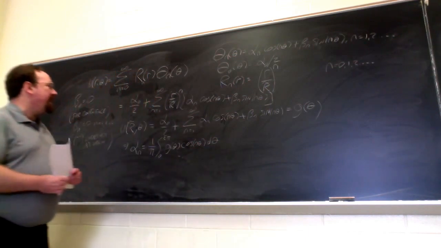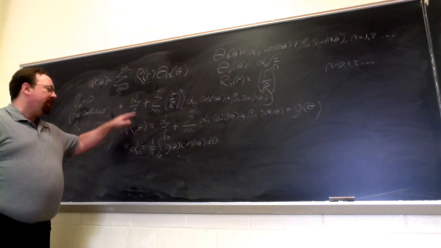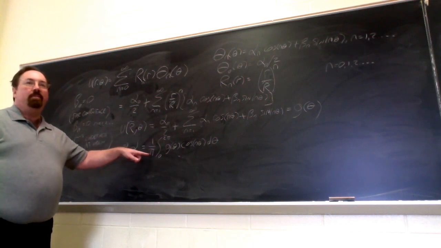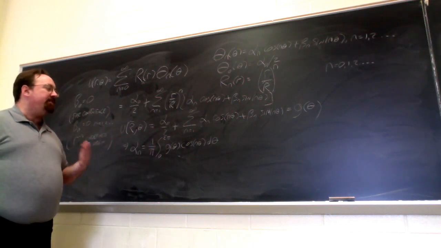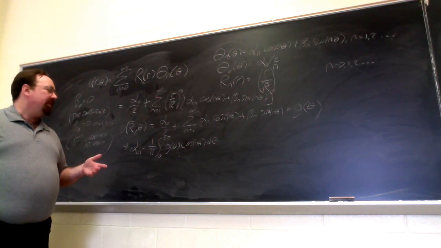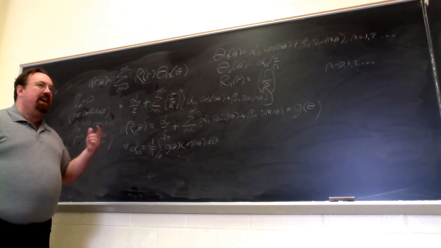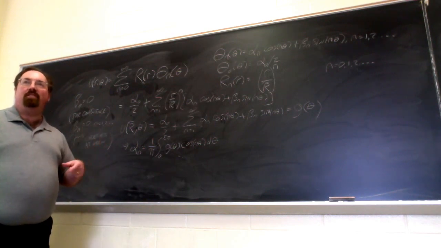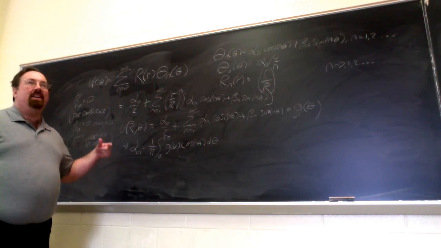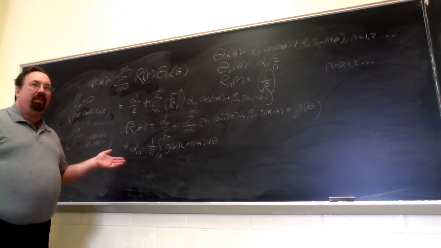And this is why I need the factor of 2 over here, so I can define these all the same way. The integral of cosine squared n theta from 0 to L is L over 2 when n is non-zero, and equal to L if n equals 0.